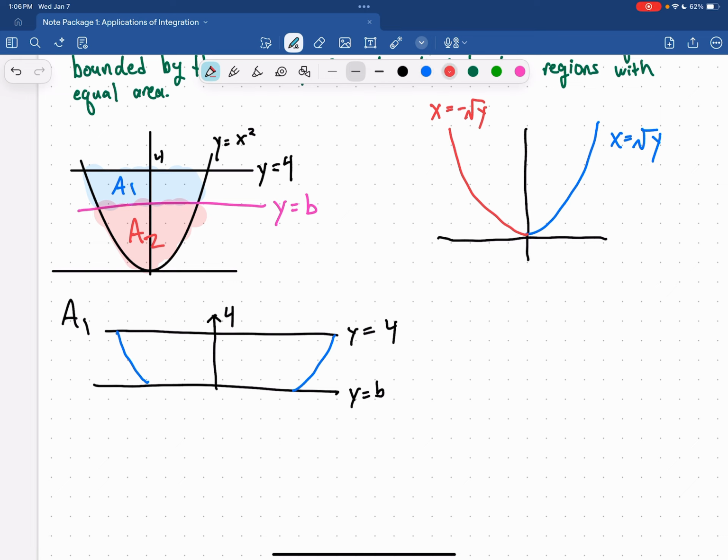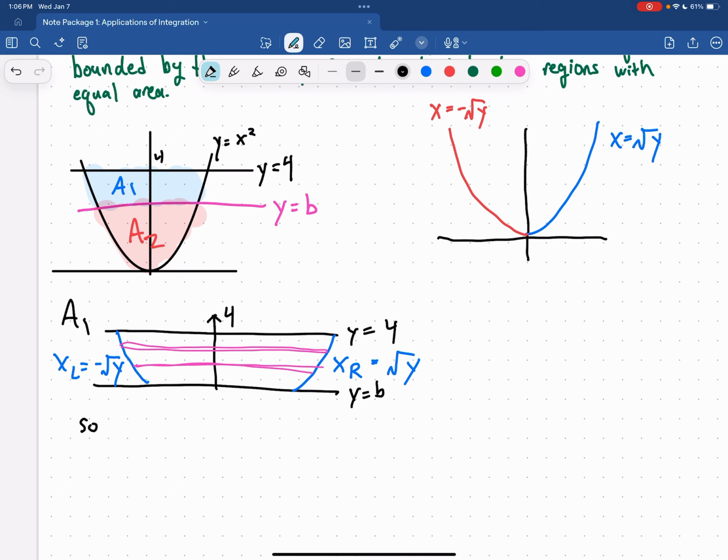And so we can say that our x right here is root y and x left is equal to negative root y. And we're taking these areas as little slices between x right and x left as we let y range from b to 4.